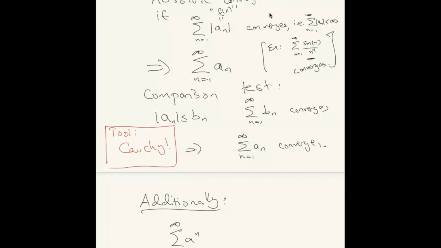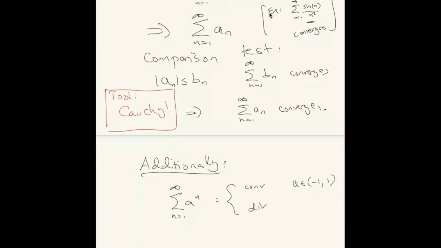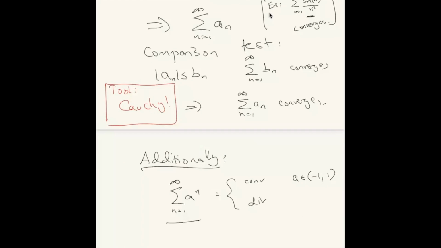This converges if a is in (-1, 1), otherwise it diverges. So why do we know this?